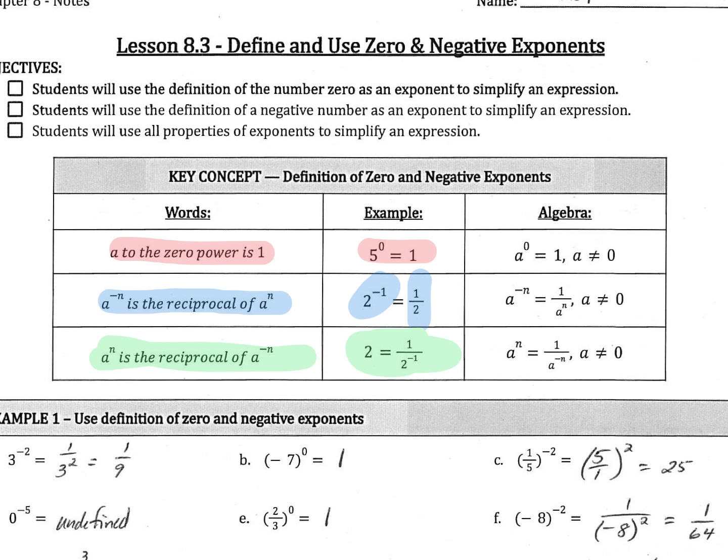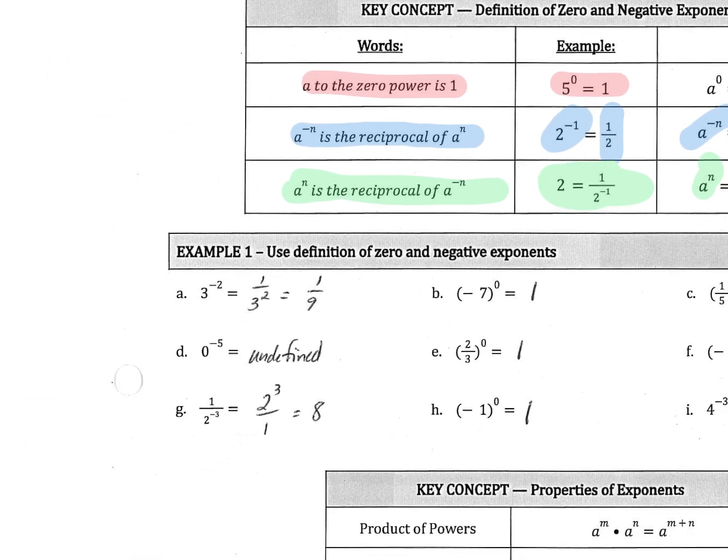So these last two rows, if we move a number to the other part of the fraction, so if it's on top of a fraction and then we move it down, it changes the sign. If it's on top and then we move it down, it still changes the sign, this time from positive to negative. So let's look at some examples where we put this into practice here.